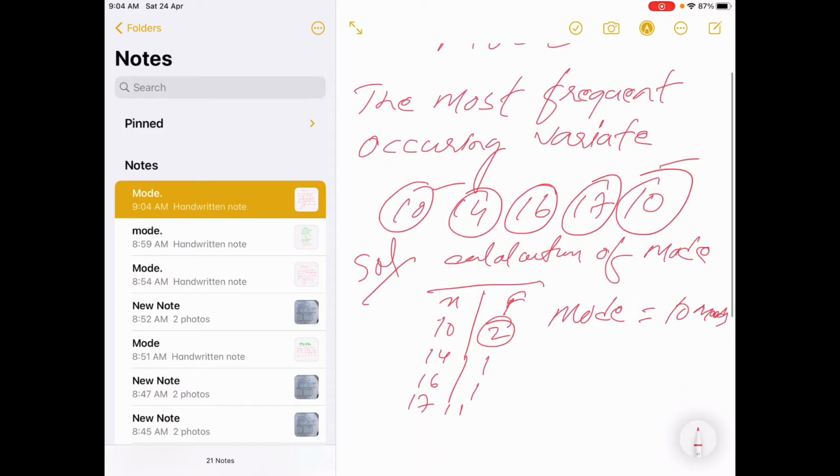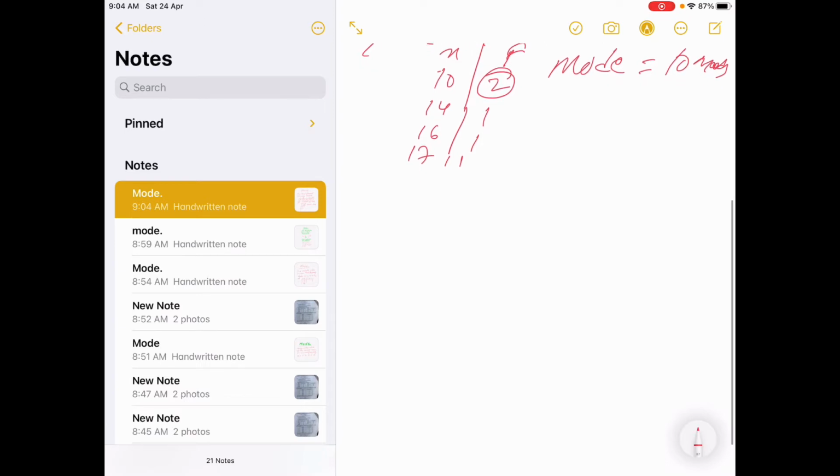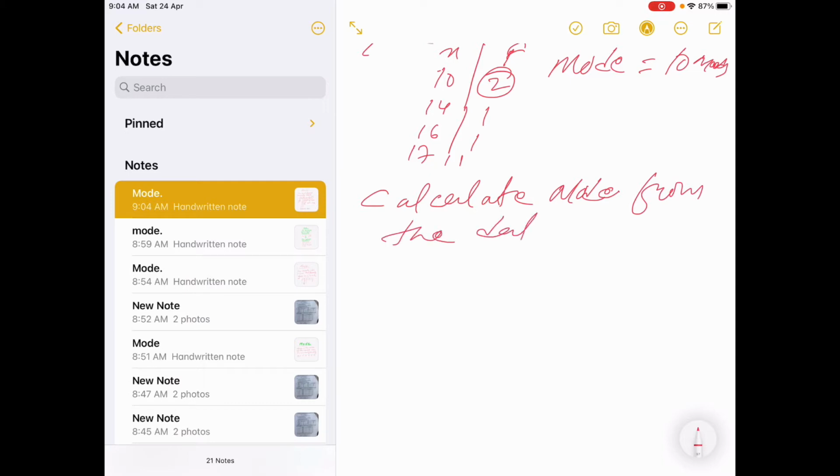Okay, got it? Another question: calculate mode from the data.